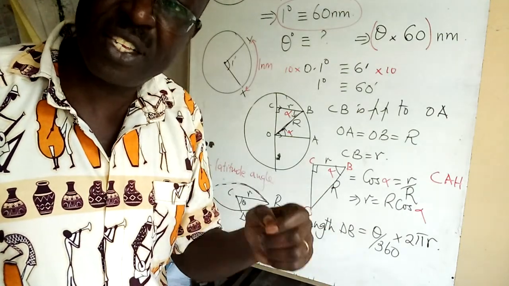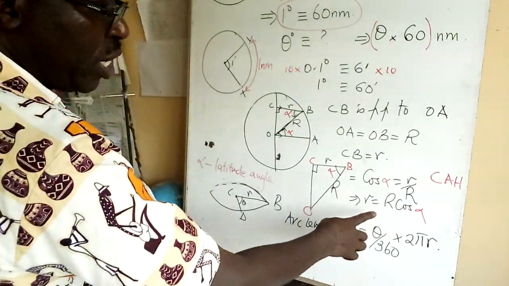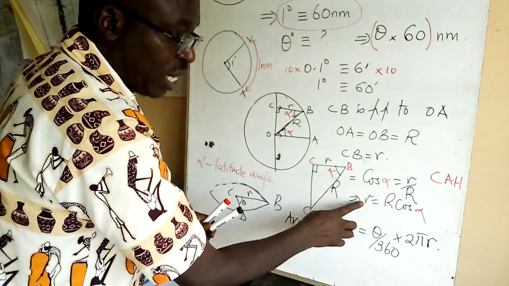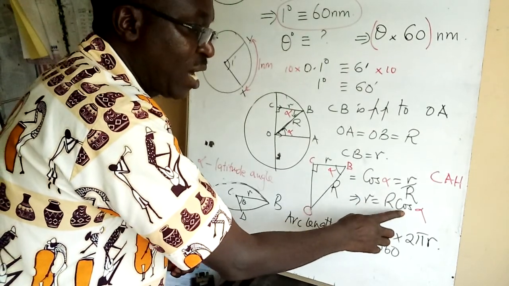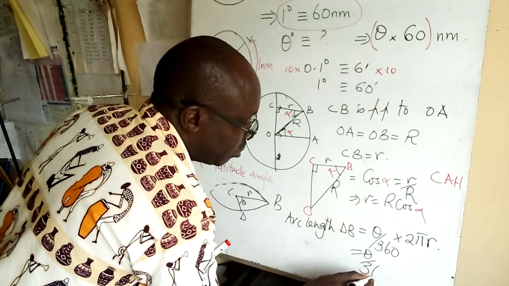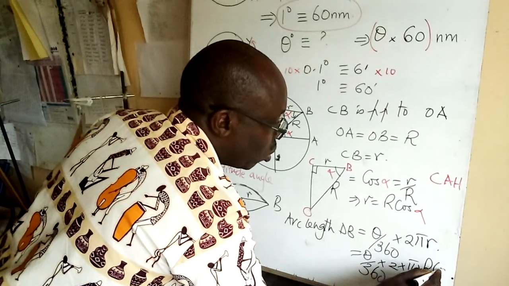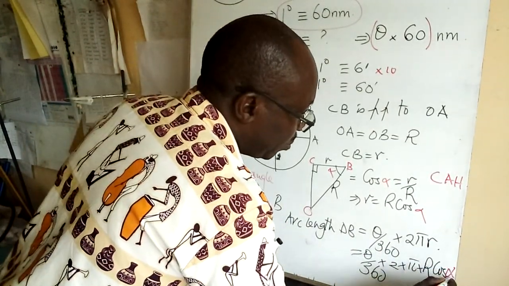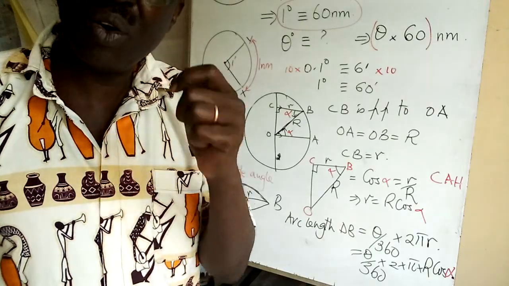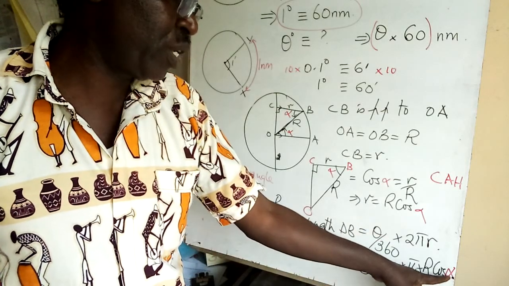Its radius is not the same as that of a great circle. But you have already known the relationship, that in place of small r, I can write R cos alpha. Therefore, I can say this is theta over 360 times 2 times pi times R cos alpha, where alpha is latitude angle, an angle that is given with respect to north or south. It is the one you put here.